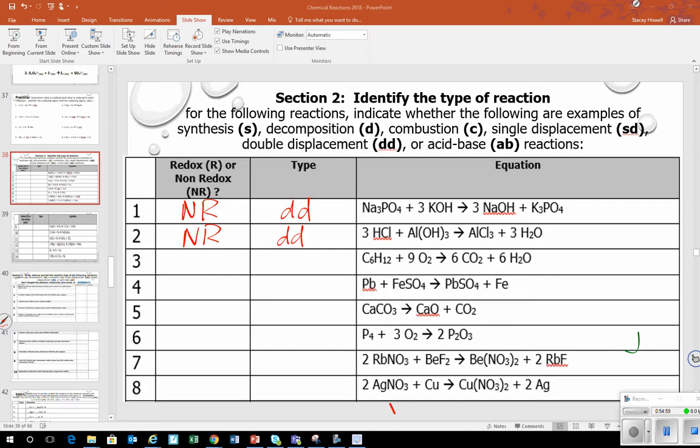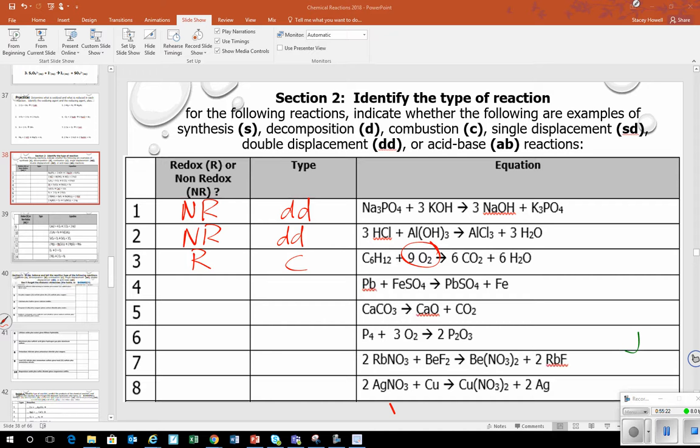Is another element kicked out at the end? This one is combustion, guys, combustion. When I end up with CO2 and water or some oxide and water, I'm going to have combustion. Is it redox? It is redox because of this one, oxygen by itself.